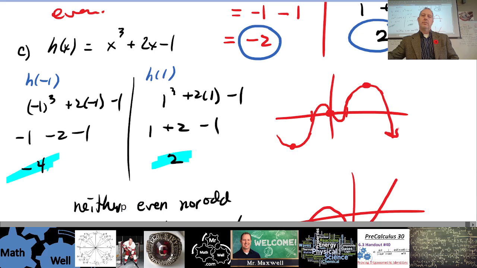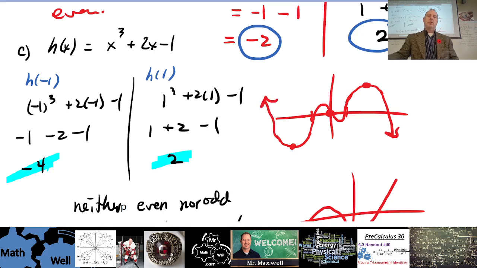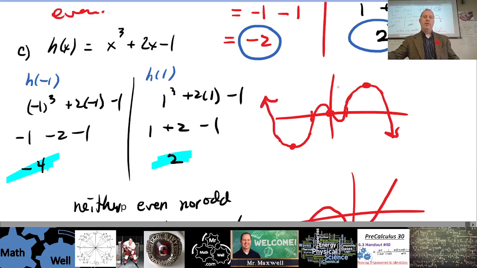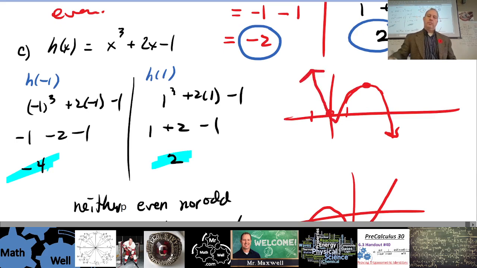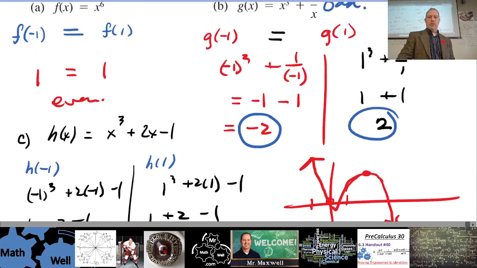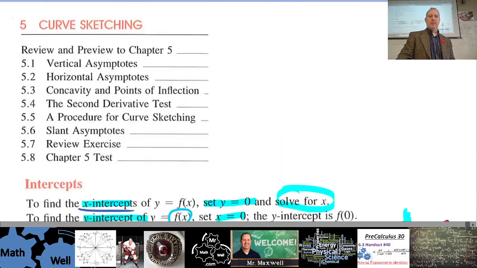Look at that. See that? So that would be an odd function of some sort. But if it's neither, then it could be something like that, just not symmetrical.